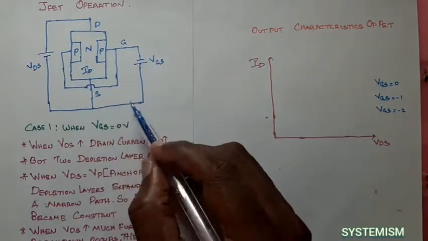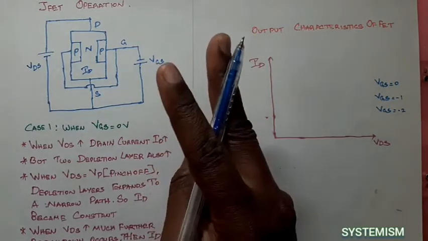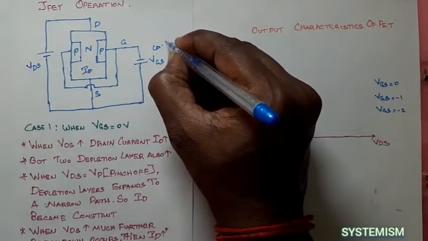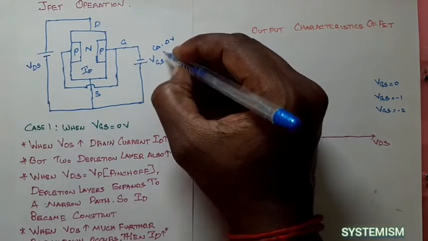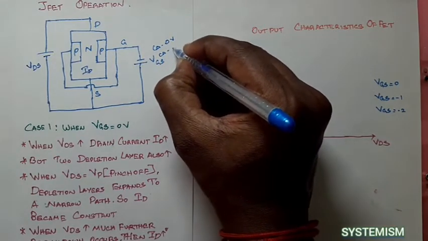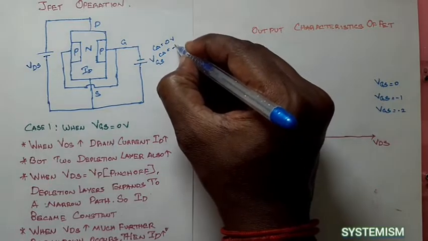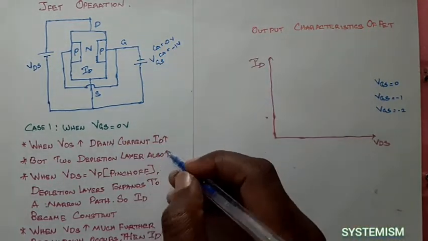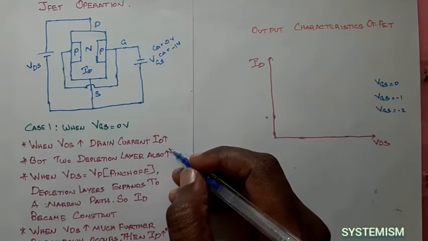Okay. First, there are two cases we are going to see. Case 1 is we provide VGS equal to 0 volt. Case 2 is we provide VGS equal to some negative voltage and check what happens to the output characteristics.